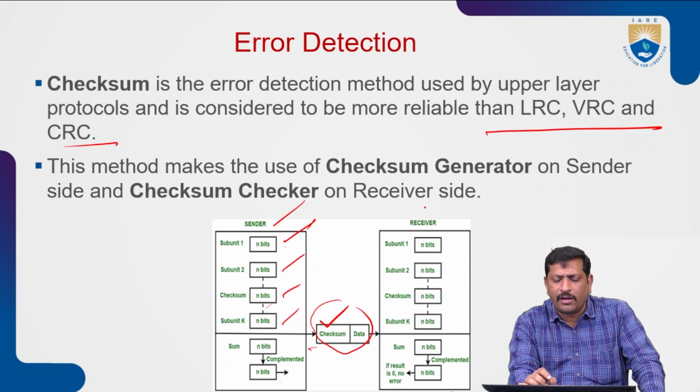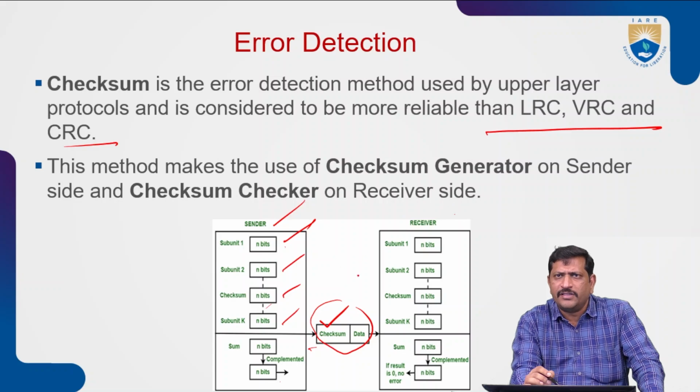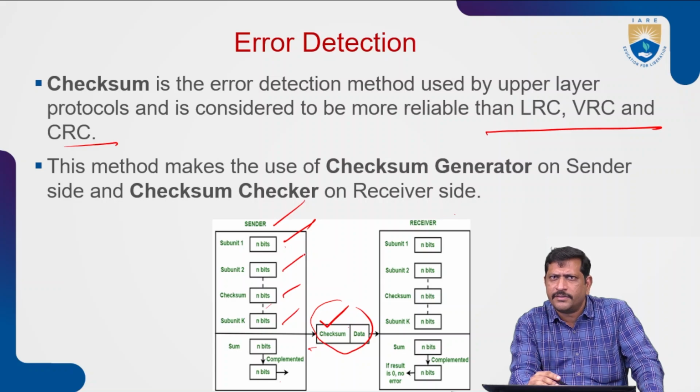At the receiver side, the receiver also divides the data received from the sender into subunits, subunit 1, subunit 2, up to the last subunit, and again generates the checksum. The sum is computed and the complement is taken.